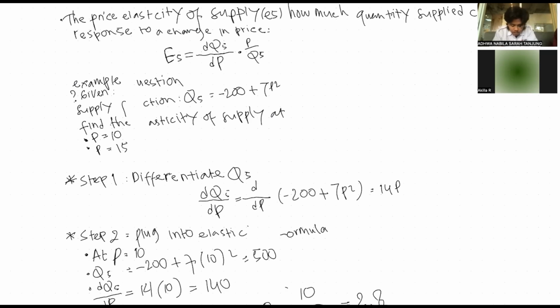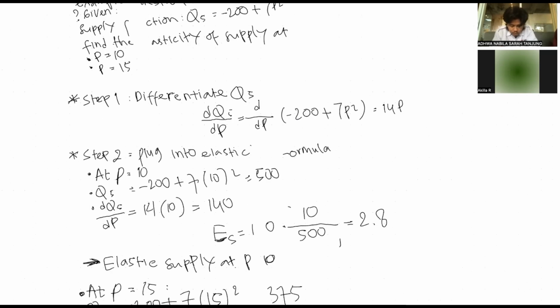Step 1. dQs over dP equals the derivative of negative 200 plus 7P squared, which is 14P. Step 2.